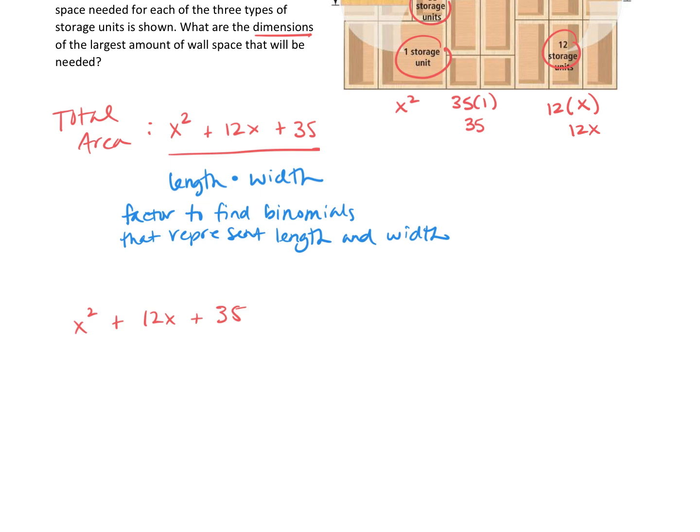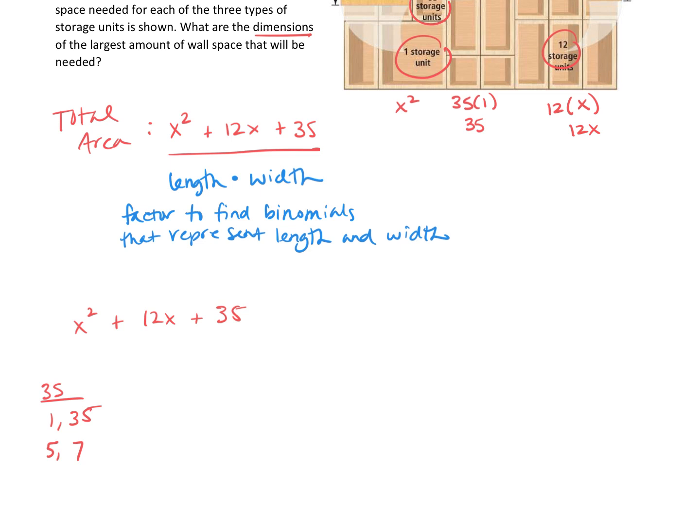So factors of 35, 1 times 35, 2, no, 3, no, 4, no, 5, yes, 5 times 7, 6 is not a factor, 7 is a factor. We already have it listed, so we have our factor pairs.